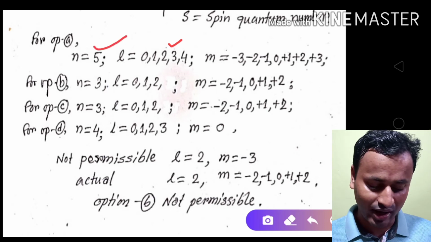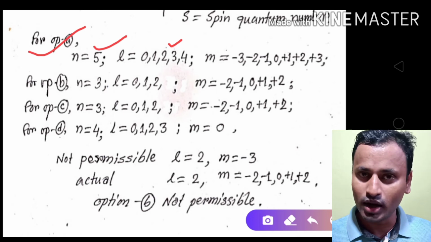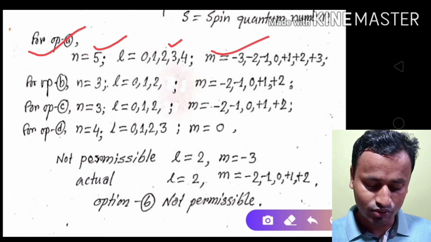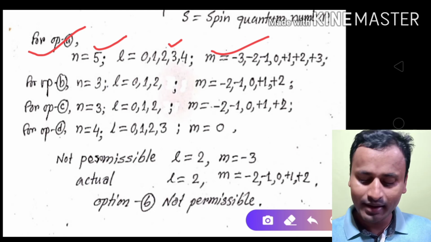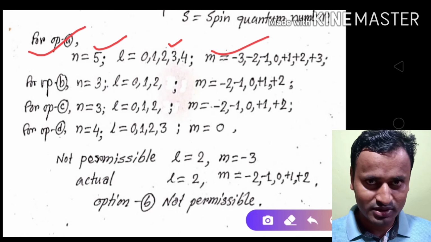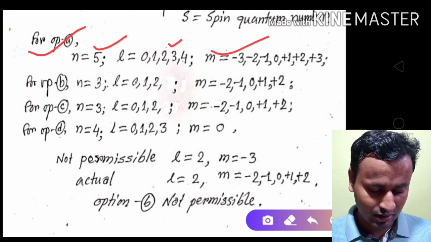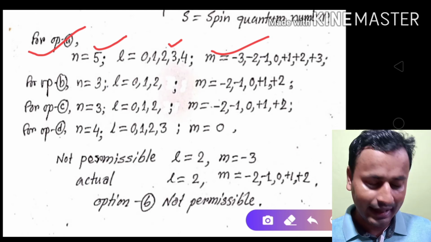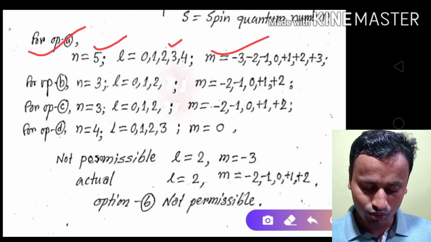Given n equals 5, so the L values are 0, 1, 2, 3 and 4. Here given L equals 3, that is permissible, and m is also permissible and S also permissible. This is correct. But option B, here n equals 3, so L values are 0, 1, 2.